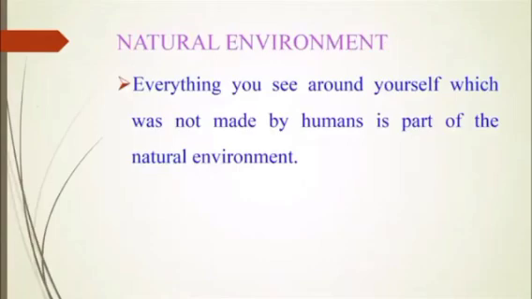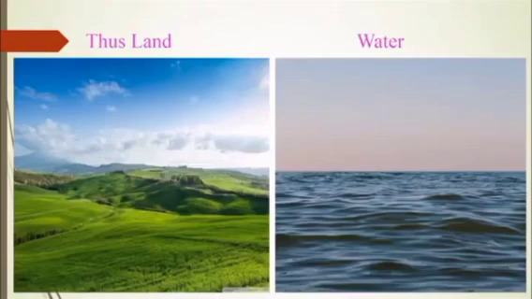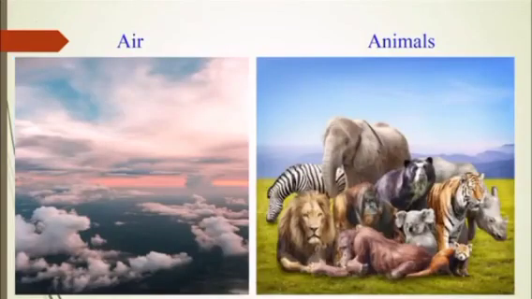Next, we are going to learn about natural environment. Everything you see around yourself which was not made by humans is part of the natural environment. Thus, land, water. Here we can see the picture of land and water. Air, animals.